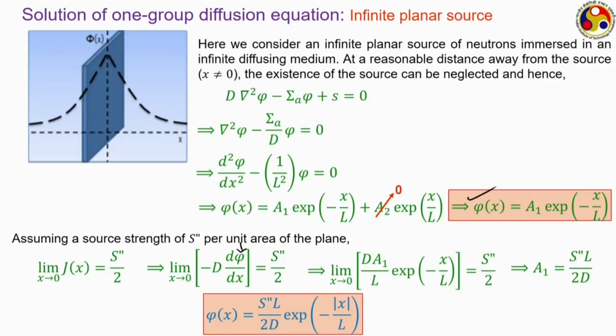Or you can say that the distribution on one side of this dotted line is a mirror image of that on the other side. The corresponding distribution is also shown by the dotted line. Now, this is the situation of a very simple geometry of an infinite planar source.